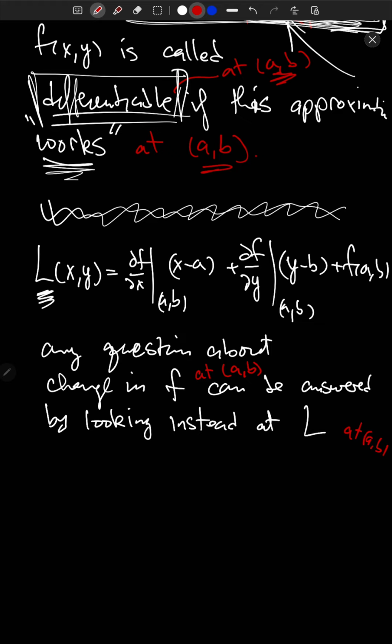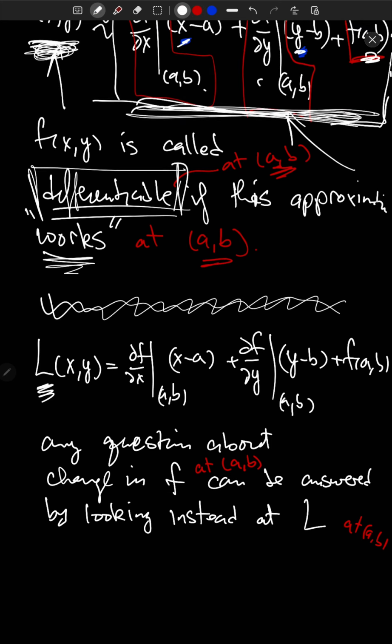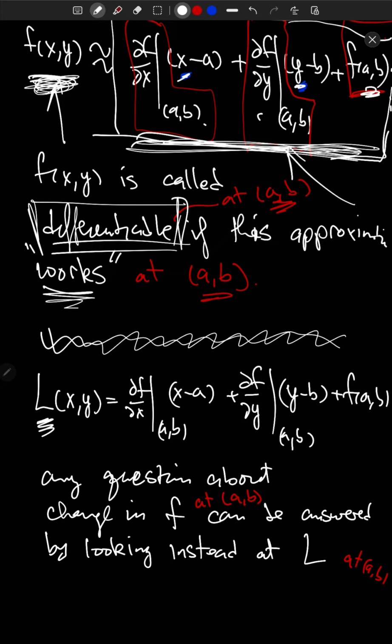Notice that if I look at different points (a,b), the formula for my right-hand side is going to be different, because this is df/dx at (a,b), df/dy at (a,b), and f at (a,b). So if I'm looking at (1,2) versus (3,4), the right-hand side formulas will be very different.